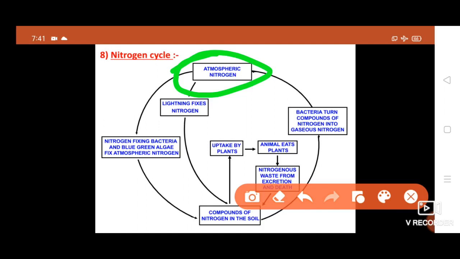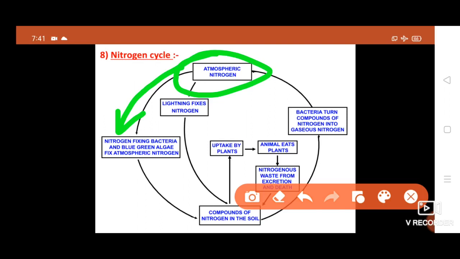This atmospheric nitrogen is absorbed by some of the bacteria present in the roots of the plant, like rhizobium, as well as other bacteria like blue green algae.